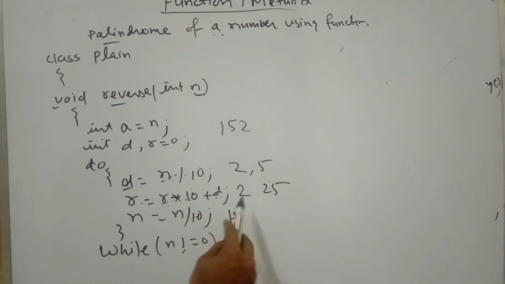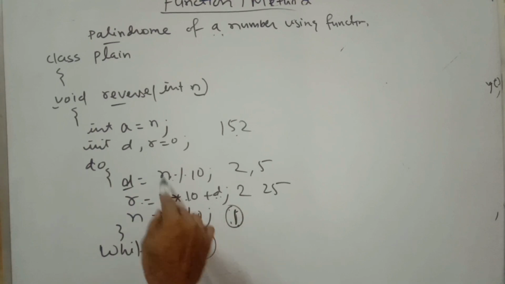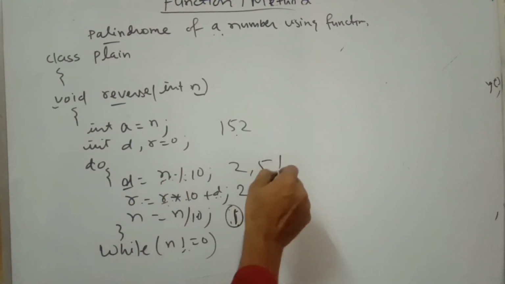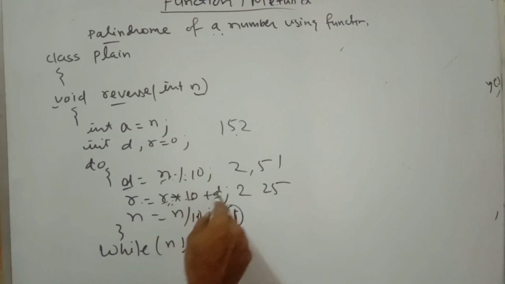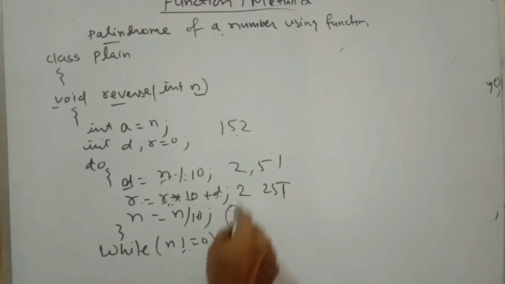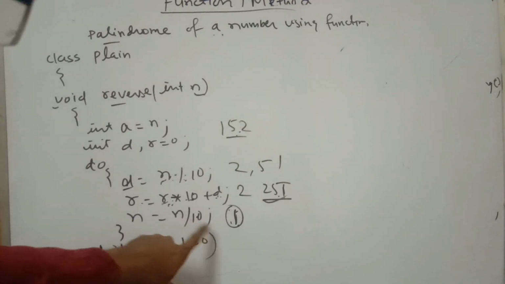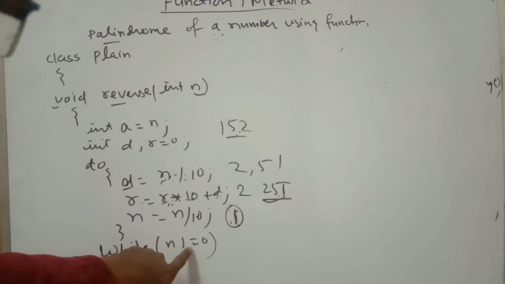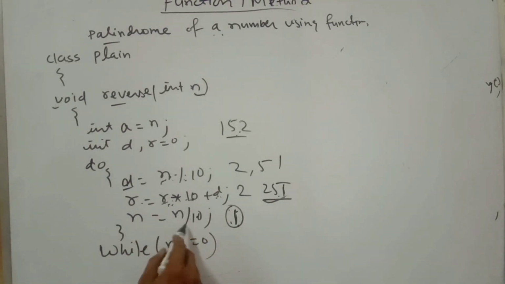After that the remainder is 1, and 1 is not equal to 0. Then 25 into 10 is 250, plus 1 is 251. So the reverse of this number 152 will become 251. When we divide 1 by 10 it becomes 0, so n is not equal to 0 is false. After that it will go outside the loop.